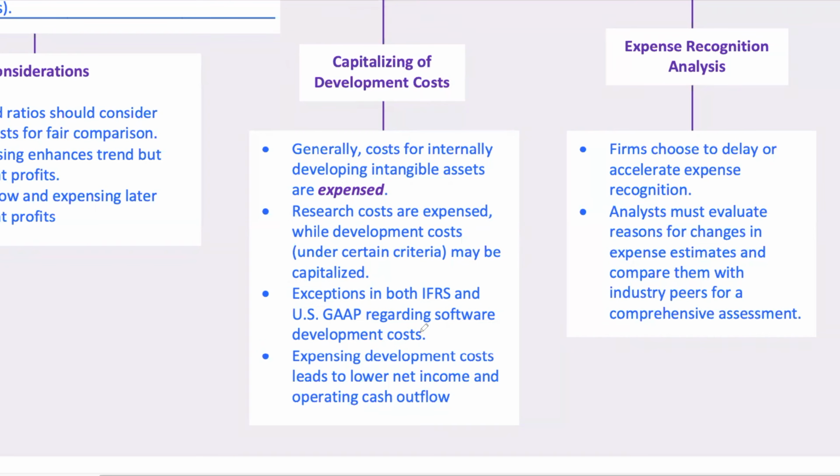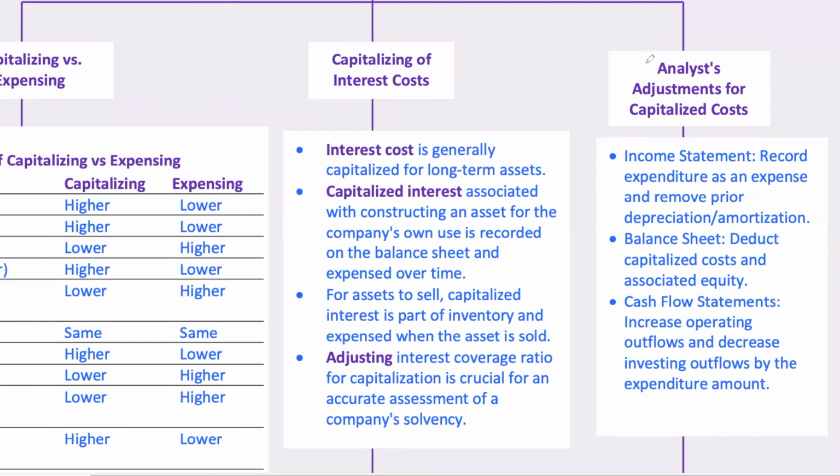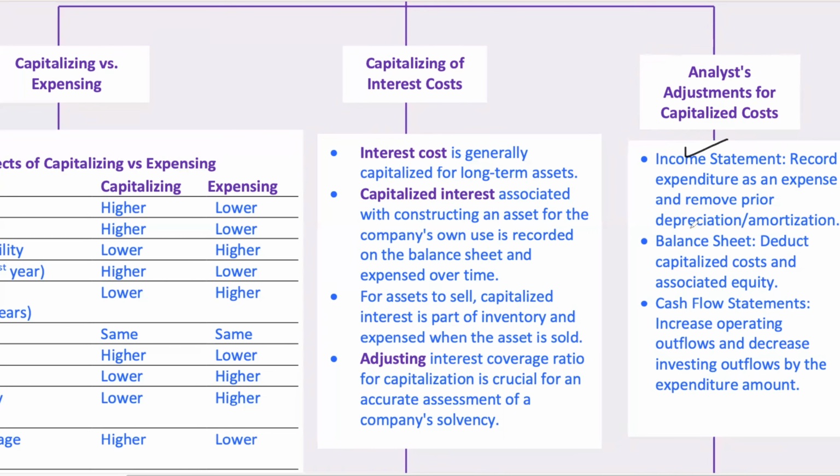Some software development costs can be capitalized after the product's feasibility is established. When you're analyzing a company, you might need to make adjustments to account for how these costs are treated. Adjust the income statement, balance sheet, and cash flow statement to get a clearer picture of the company's true financial performance.